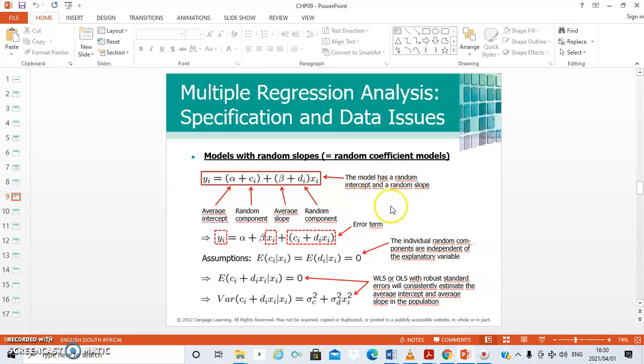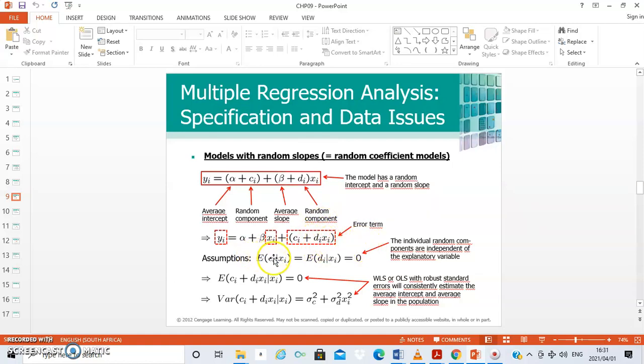So this model has a random intercept and a random slope. If we rewrite it, yi is a function of alpha plus beta xi plus ci plus di xi, which is basically the error term.